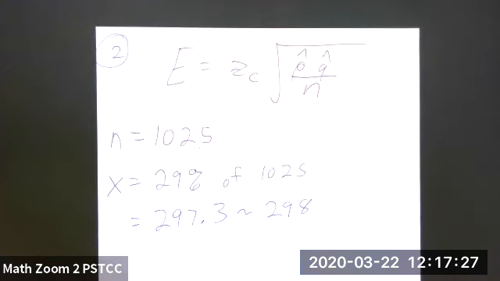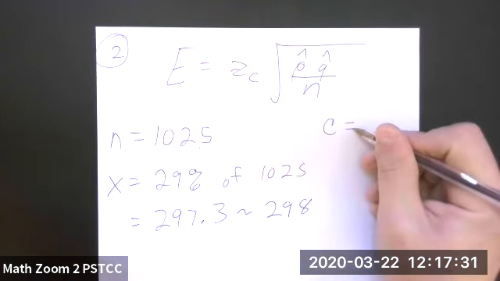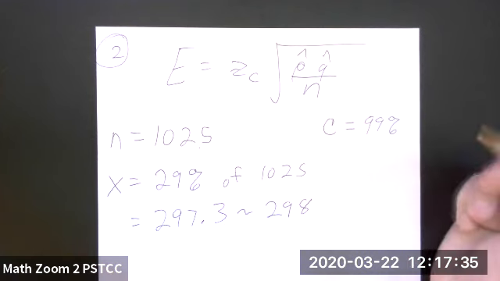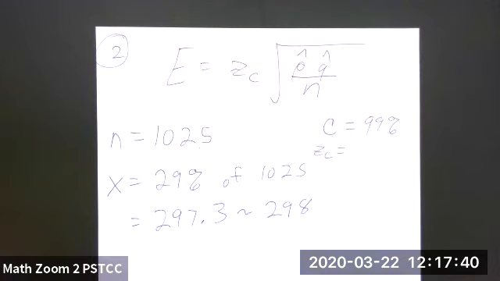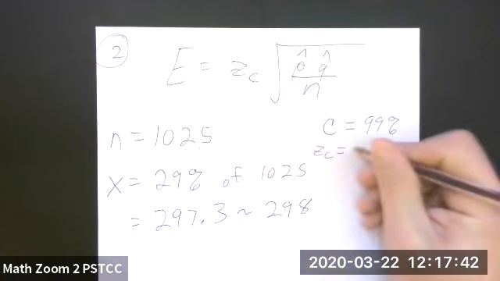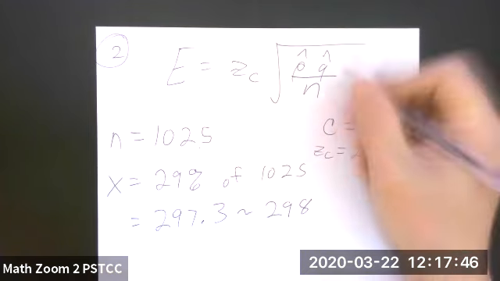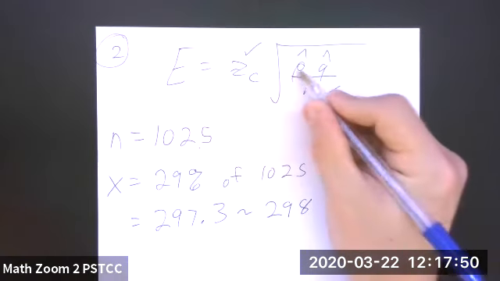Like the previous problem, the confidence level is 99% this time, which means the z critical value will again be 2.575. We have the sample size, we have the z critical, we need p hat and q hat.